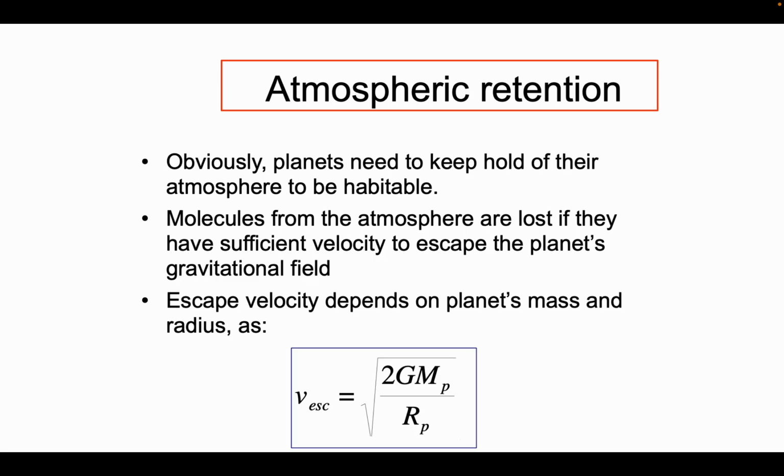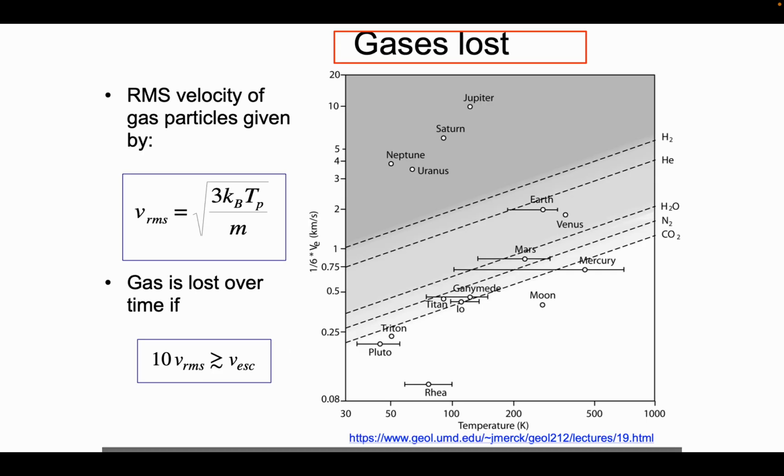We know from our very first physics lecture that the escape velocity depends on the planet's mass and radius. The RMS velocity of the gas particles is related to the planet's temperature, and gas is lost over time if 10 times V RMS is greater than V escape.